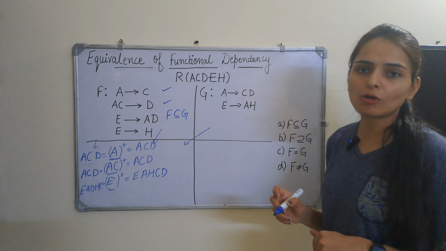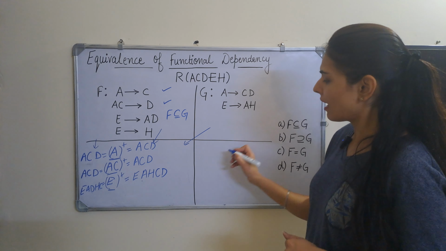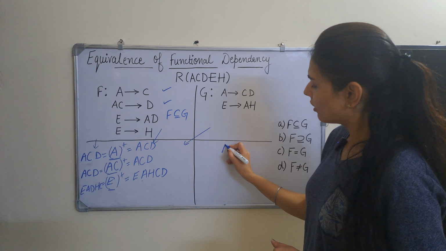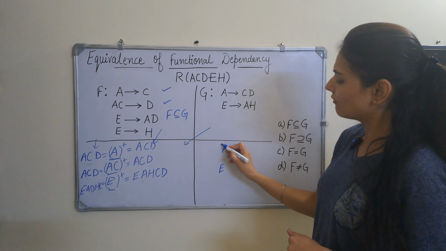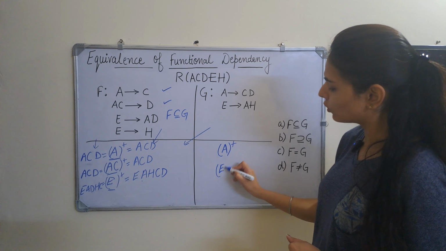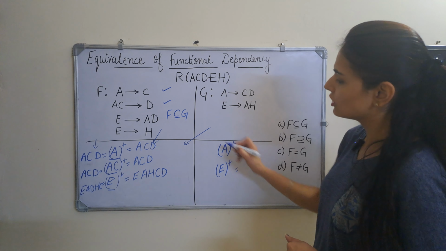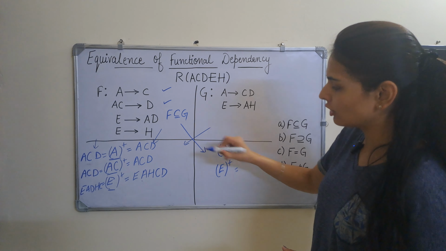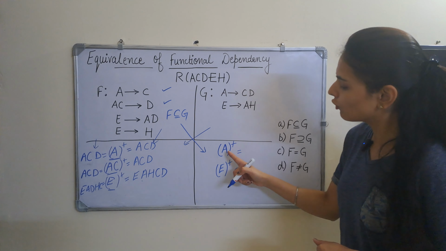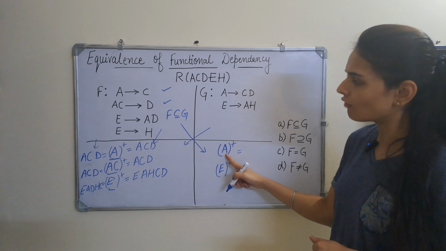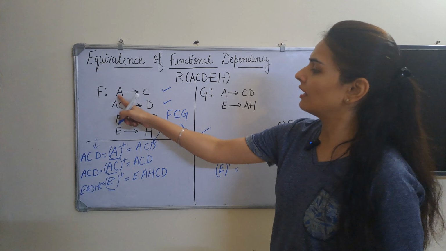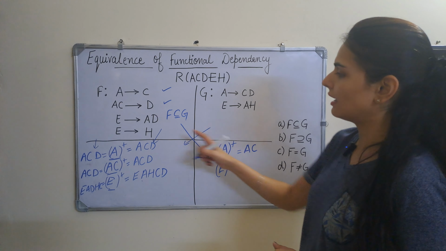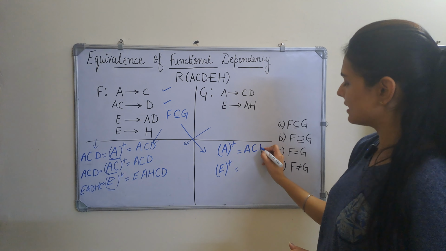Now we have to check it for G. In the same manner, we will write down the attributes of the left hand side of G, and we will find out the closure of these attributes using the F set of functional dependencies. So to find the closure of A, from here we can write A, then we know C, then we know AC, then we know D, right?